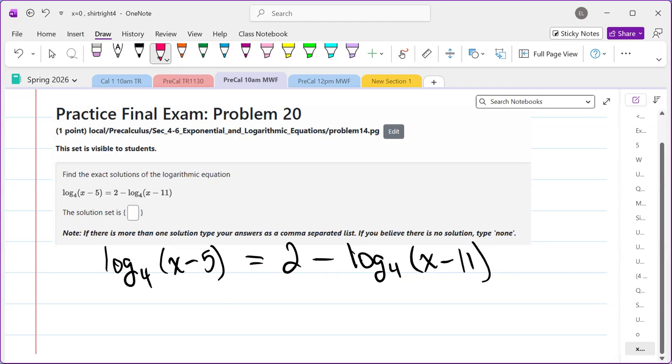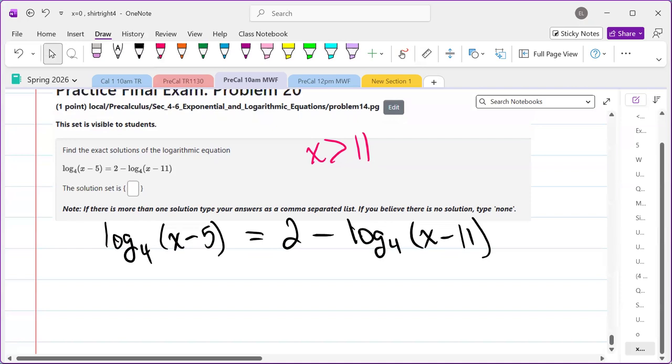I can't take the log of a negative number. So the first logarithm domain actually tells me that my x values have to be bigger than 5. The second logarithm domain tells me x minus 11 is positive, so x has to be bigger than 11. So if I get a solution where my x value is smaller than 11, I'm going to throw it out. But if you don't notice that at first, you can also notice it by checking your results at the end.